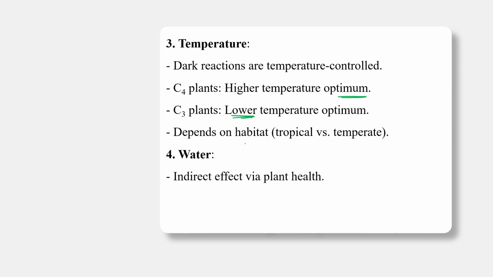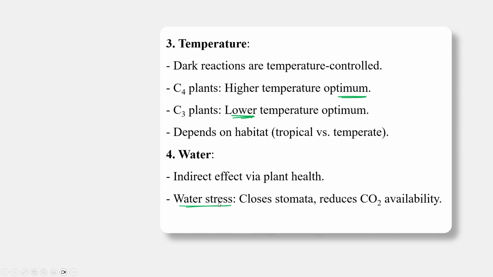Next is the water content. Water indirectly affects plant health. When water is present in excess or in extremely low amounts, it acts as a limiting factor. If water stress is there, then stomata automatically close, so it reduces carbon dioxide availability, because gases pass in and out of the environment only through the stomata.